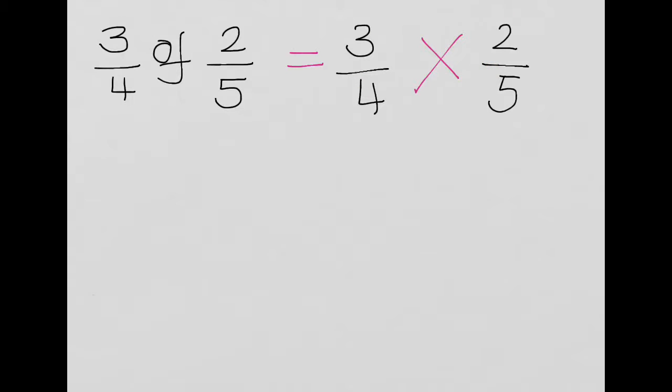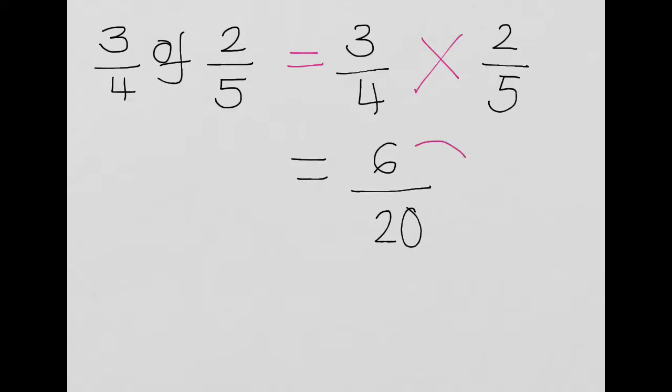So to multiply fractions now, I would write 3 multiplied by 2 is 6, and 4 multiplied by 5 is 20. Is that enough? Have I finished? I hope you're saying no. I hope you're telling me that I need to simplify my fraction, that I need to write an equivalent fraction, because you can see a common factor of 6 and 20.